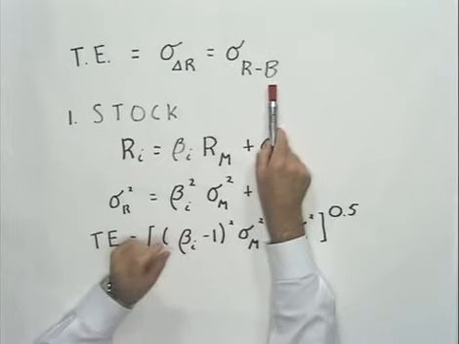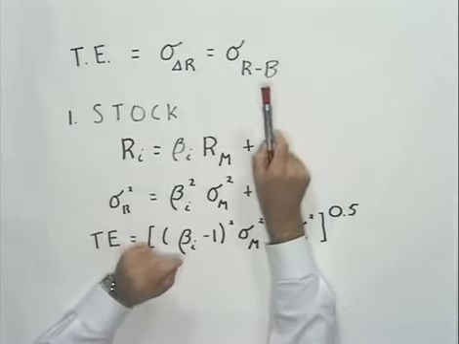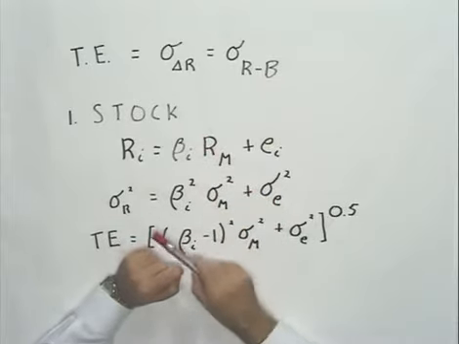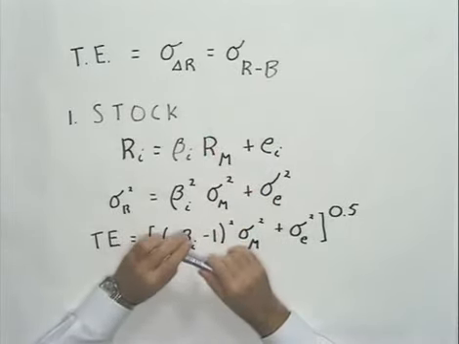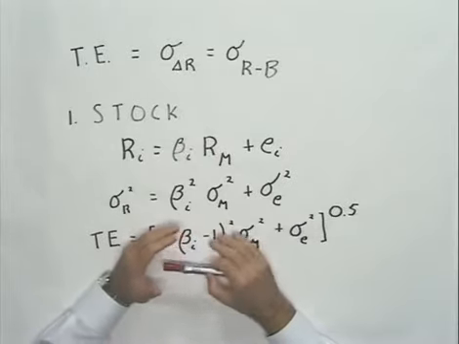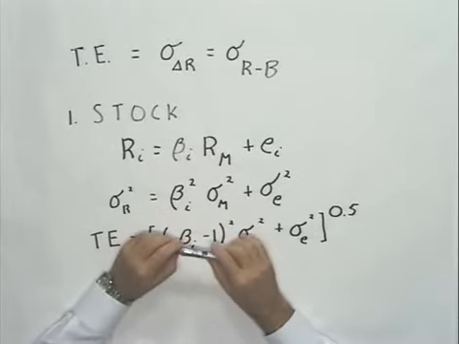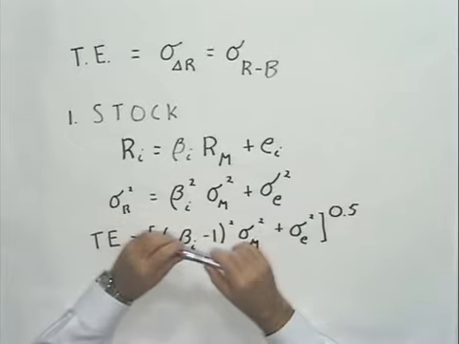So it's looking at deviations in the return. Now we're going to look at the two major asset classes in terms of what the tracking error is for stocks, and then we'll look at bonds.